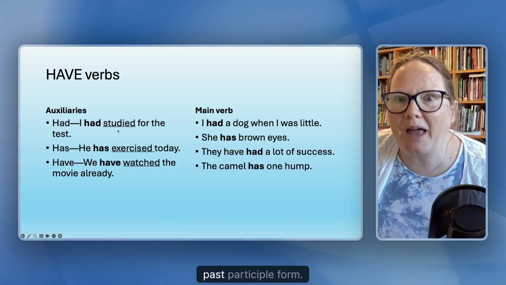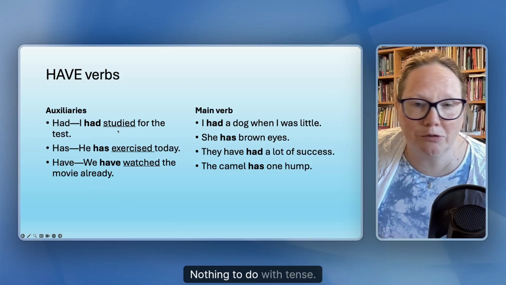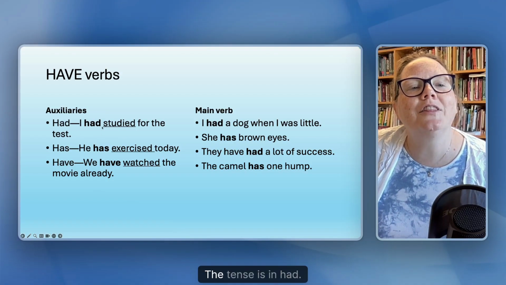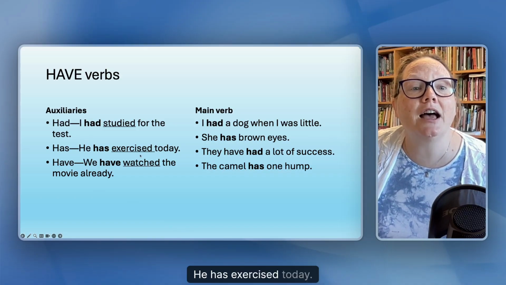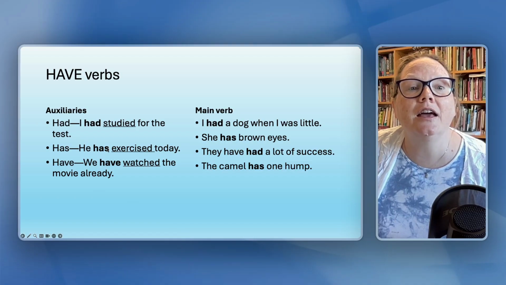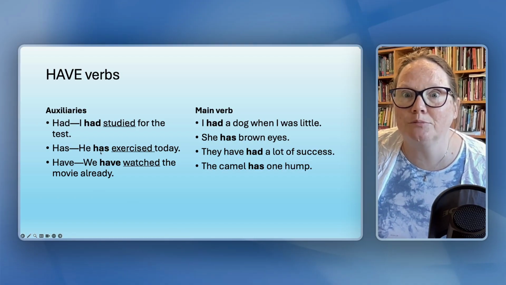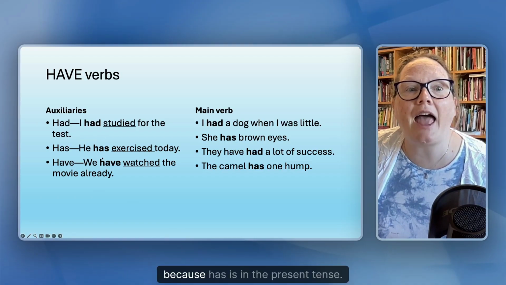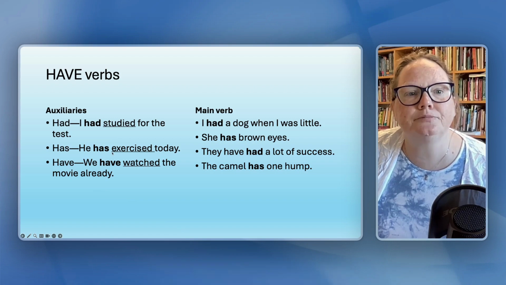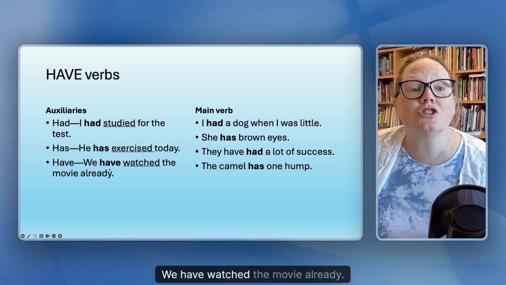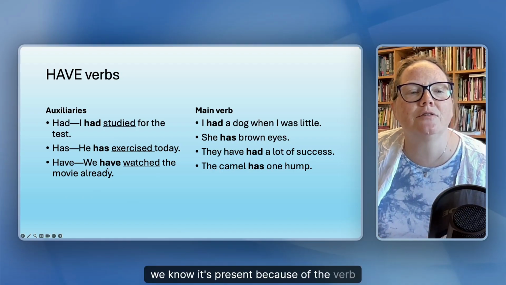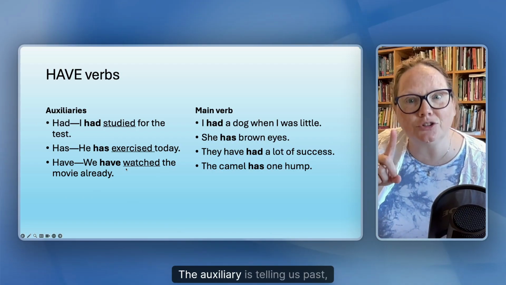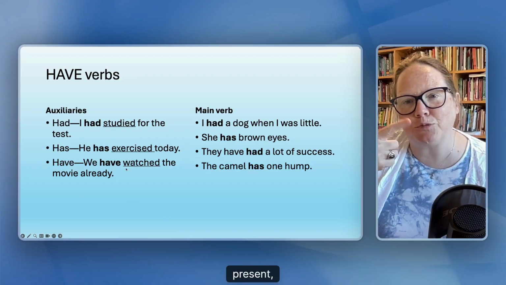That's in the past participle form, nothing to do with tense. The tense is in had. He has exercised today. Again, we know it's present perfect because has is in the present tense. We have watched the movie already. Again, we know it's present because of the verb have. The auxiliary is telling us past, present, or future.